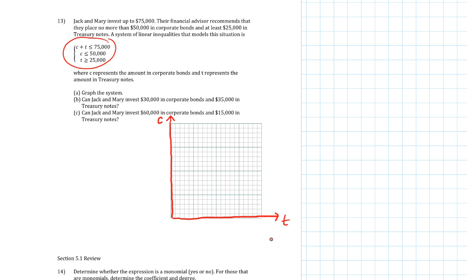Okay, I'm going to count off by 5,000. So that would make this 25,000. That would make this 50,000.